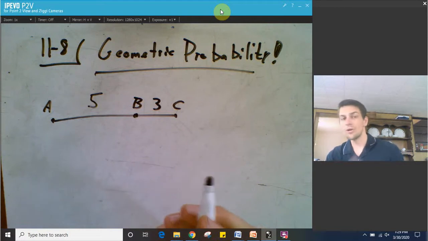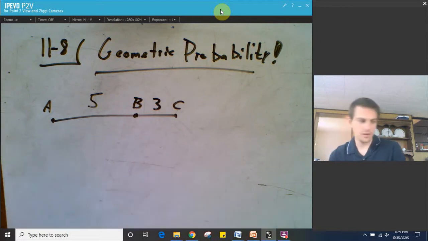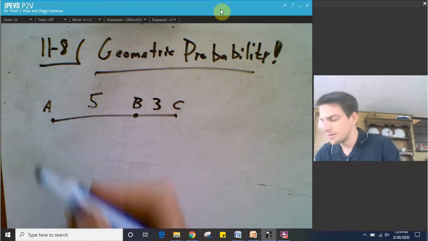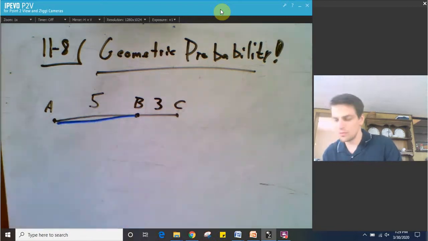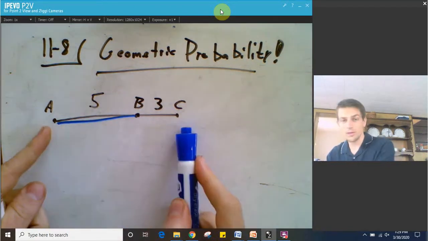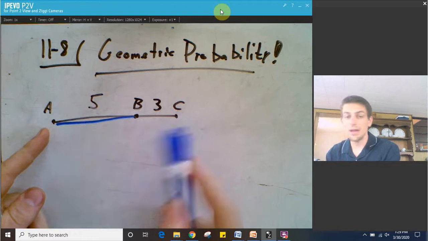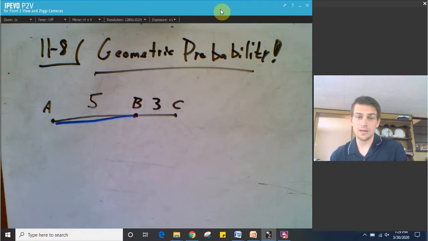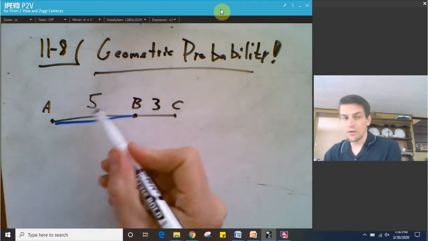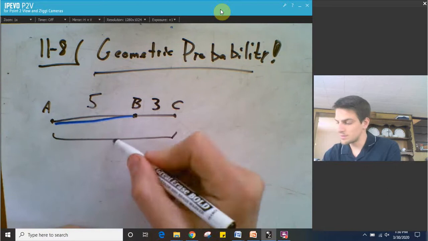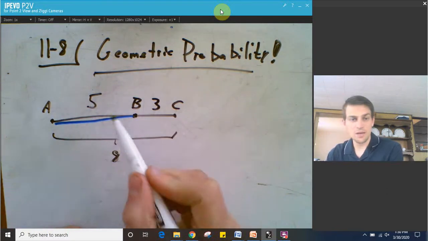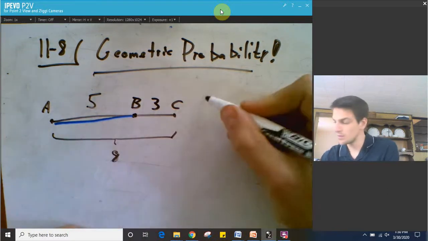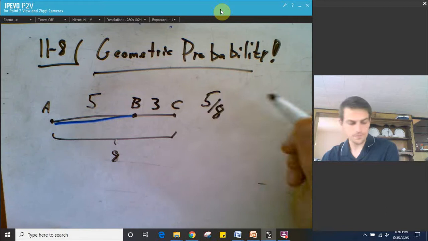And I want to know what are the chances that I'm going to pick a point that is in the segment AB. And as you might expect, it is going to be 5 divided by the total length. So the total length of this is 8. So my chance of picking a point here is going to be 5/8.